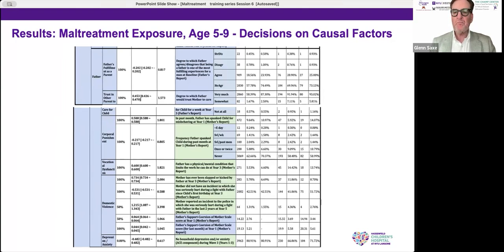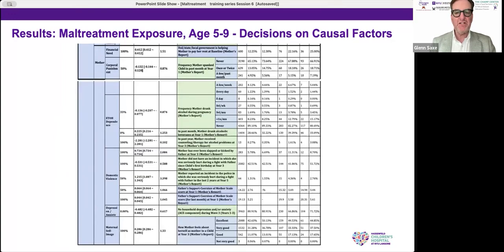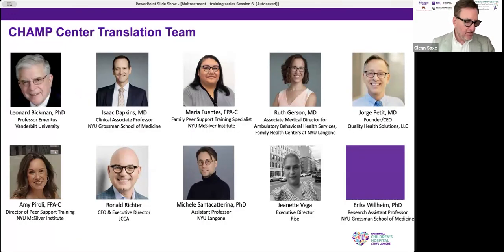So many causes here. Again, we have information on the size of effects. And so our team with the Champ Center, and we have a translation team. And on this team are people who are scientists, administrators, clinicians, family members, and we need that diversity to take these results for the causes and distill it to what we think will be most relevant, including choosing interventions that will be helpful.